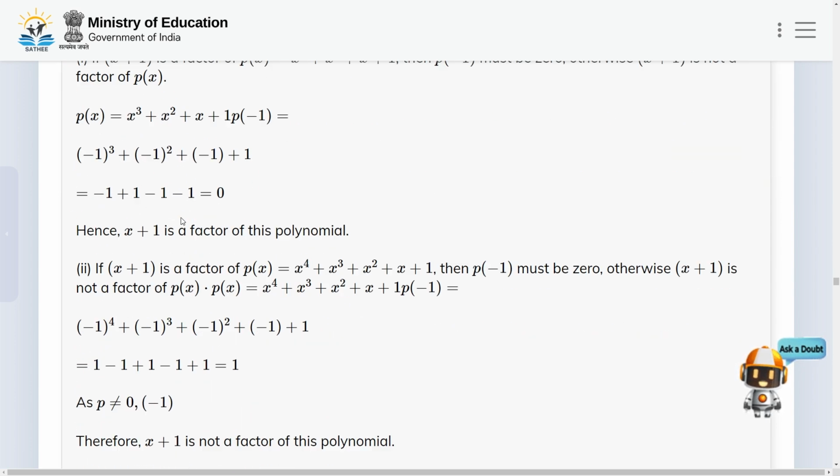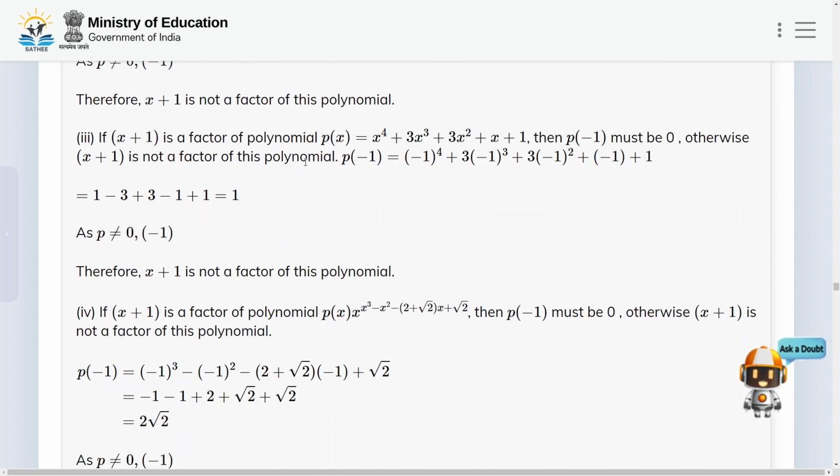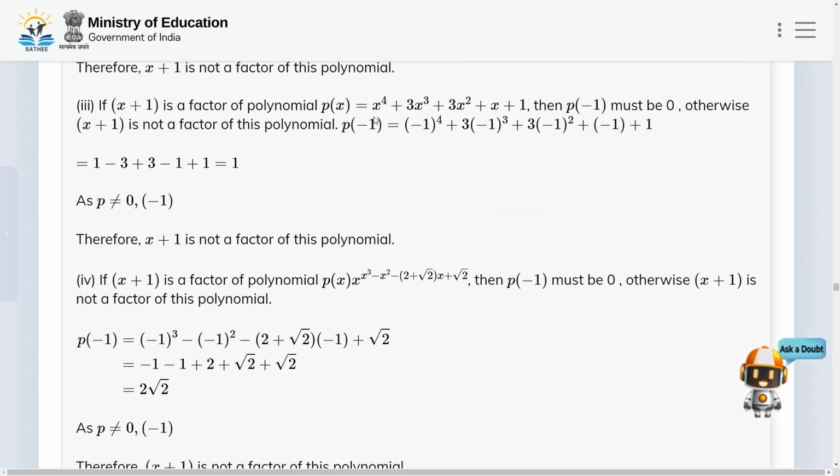If x plus 1 is a factor of p of x equals x to the power 4 plus 3x to the power 3 plus 3x square plus x plus 1, then p of minus 1 must be 0. Otherwise, x plus 1 is not a factor of this polynomial.